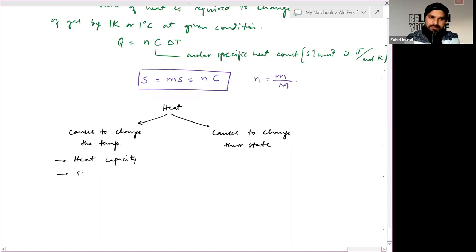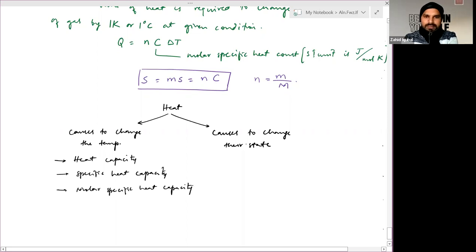Second one is specific heat capacity or constant. And third one, in terms of mole, will be molar specific heat capacity. And the second part, heat which causes a change in state, is also called latent heat.